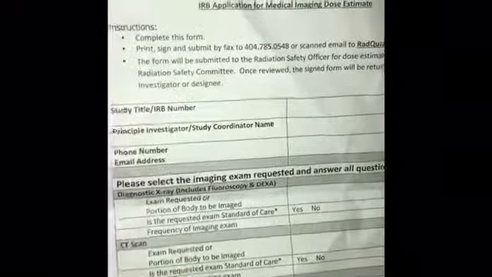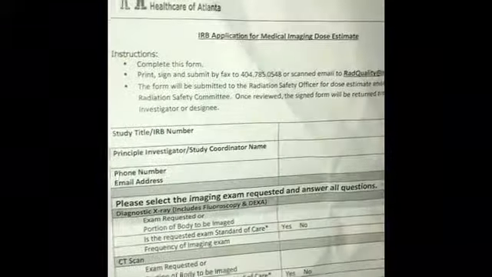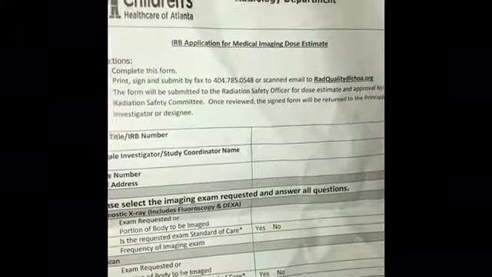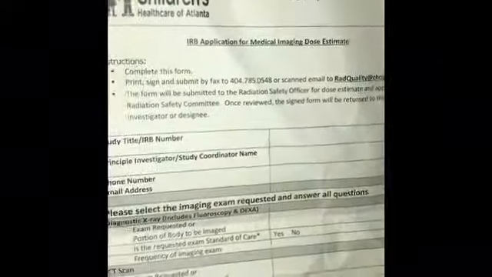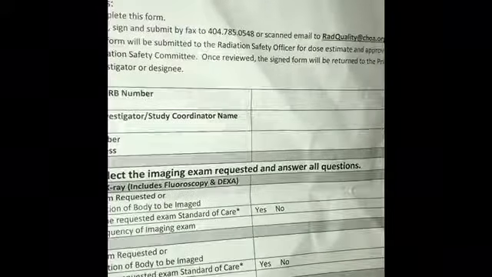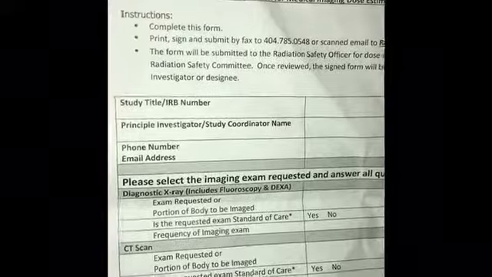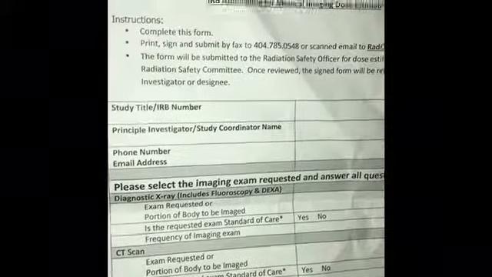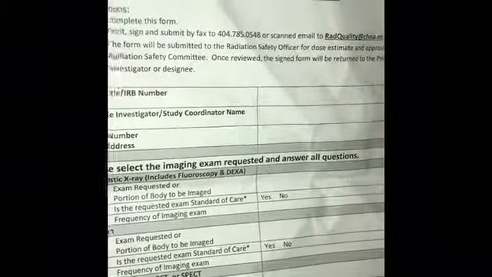From this form, you can already see that the first line is asking for the study title or an IRB number. The second is the principal investigator, like the study coordinator, and the phone number and email address of the study coordinator. And then when you look below in the box, it's also asking for the diagnostic x-ray exam requested or portion of the body to be imaged.